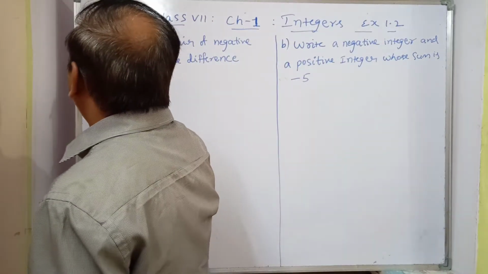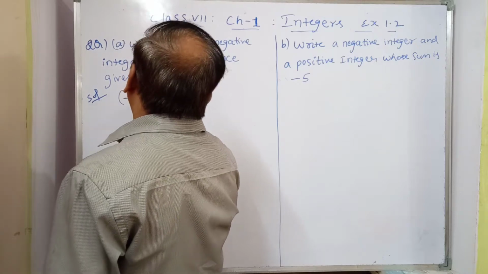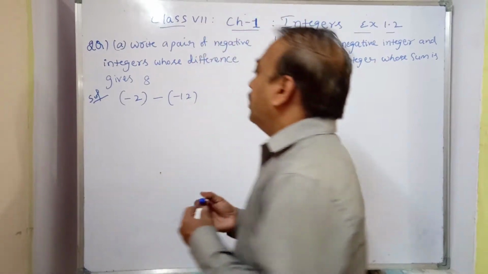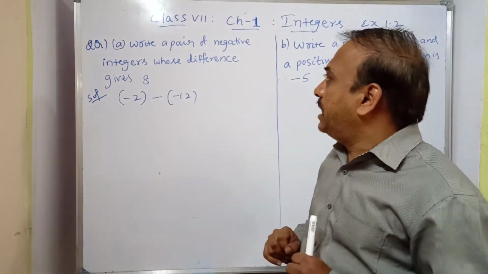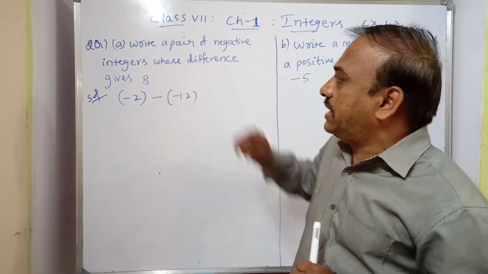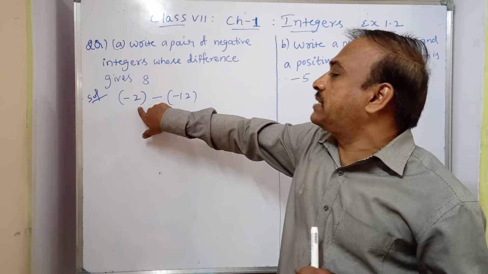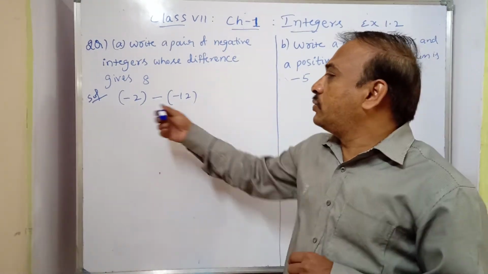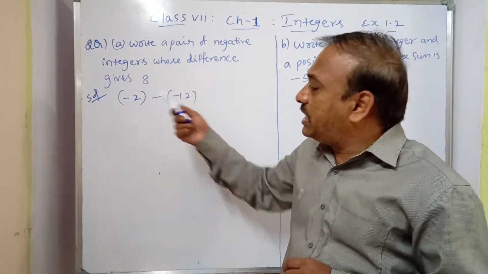So, two negative integers like minus 2 minus minus 12. Observe it: minus 2 is a negative integer, minus 12 is also a negative integer. These are the negative pair, and we take the difference between those two.